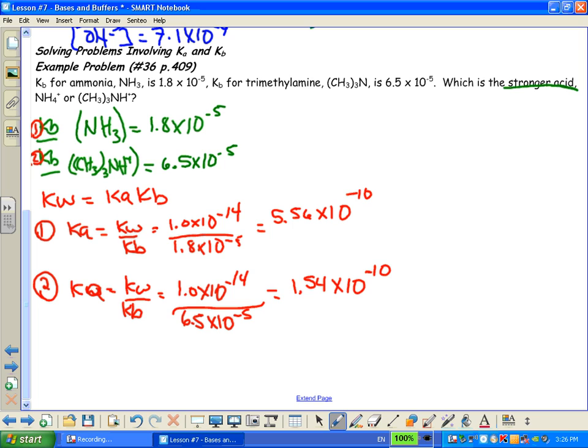So now that we have the Ka for both of them, we need to decide which is bigger out of the two. A bigger Ka value represents a stronger acid. So obviously, this is our winner because it's a bigger number. Therefore, ammonia is a stronger acid.